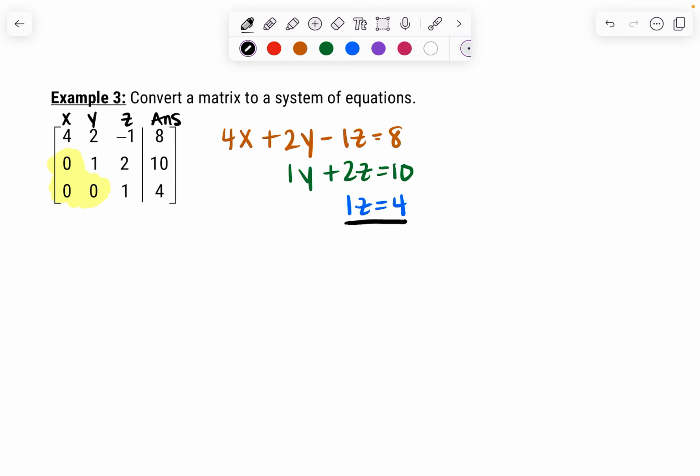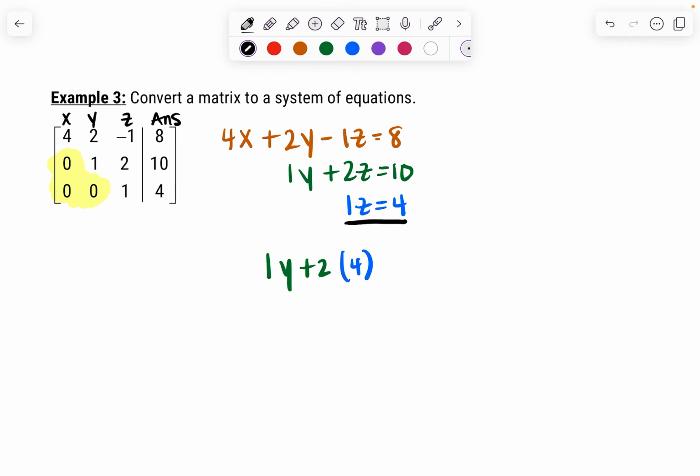And sometimes it's not just 1z, it may be like 2z is equal to 8, but that is still something that you can easily solve. And so once I know what z is, I can take that value, so in this case it was 4, and plug it in.